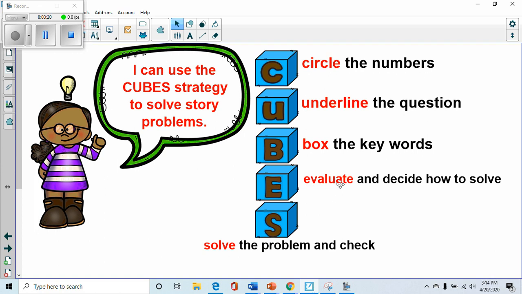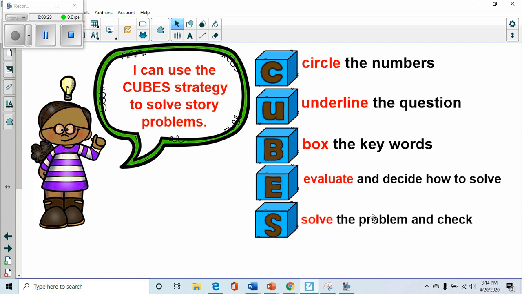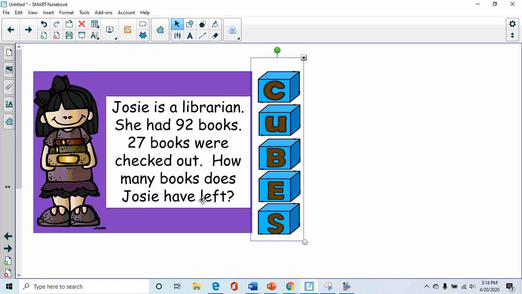So I'm going to evaluate or think about the numbers and the words and decide on a solution. The S in the word cubes reminds me to solve the problem and then check and see if my answer is reasonable. Let's now use the cube strategy as we solve a problem together.